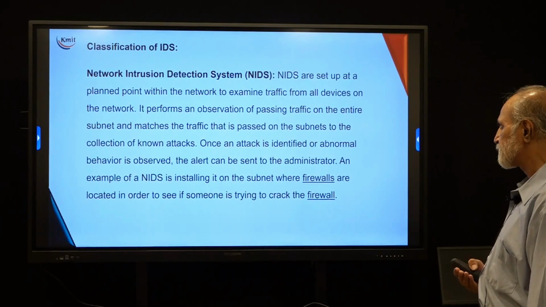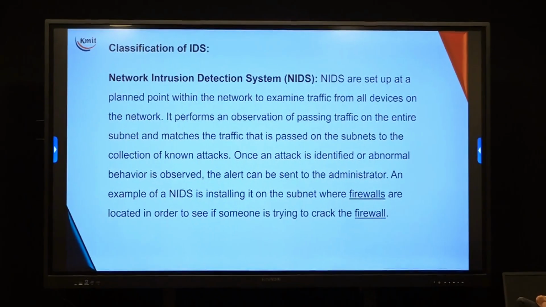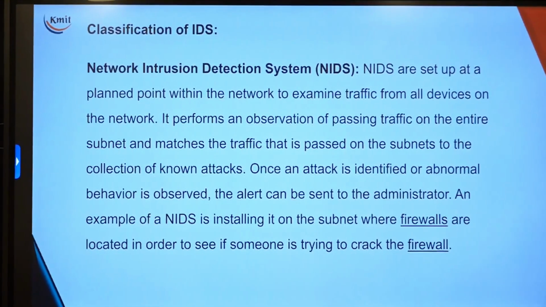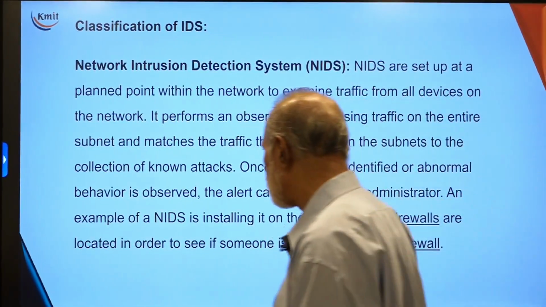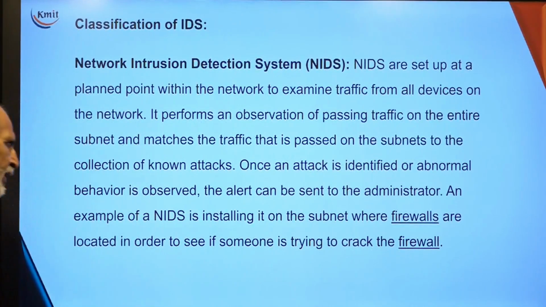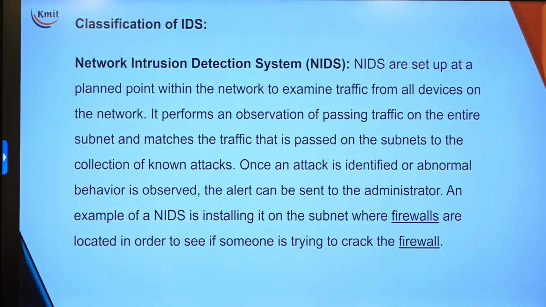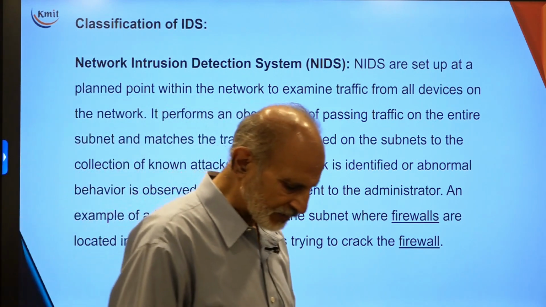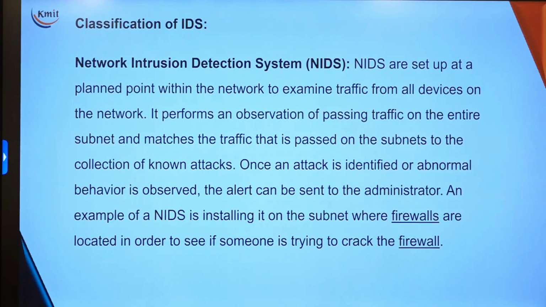It performs an observation of passing traffic on the entire subnet and matches the traffic that is passed on the subnet to known attacks. Once an attack is identified or abnormal behavior is observed, it sends an alert to the administrator. An example of NIDS installation is on the subnet where firewalls are located, in order to find out if something is trying to break the firewall, so some unauthorized activity, somebody trying to access it. So if you are behind the firewall, it will be safeguarding your system too.